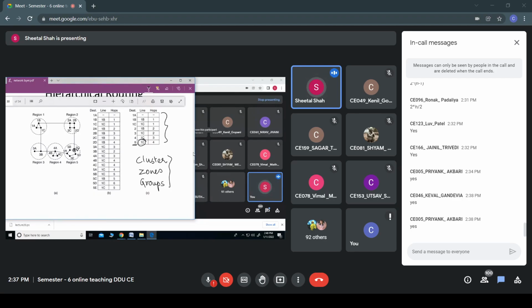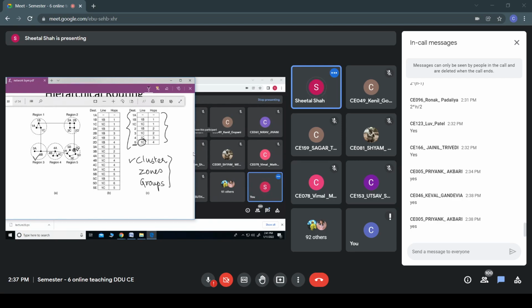So via 1C it is reaching this region 5. Even if it takes a longer path, since the space is saved, this type of hierarchical routing is achieved.